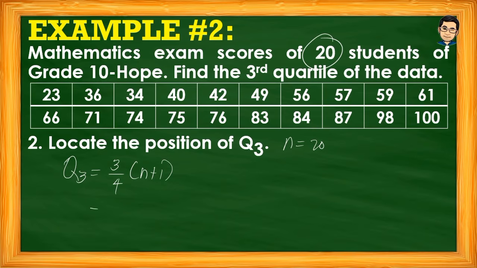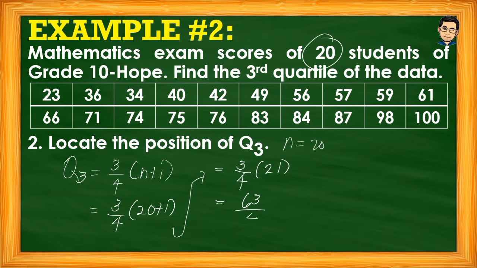Next, 3/4 times 20 plus 1. So, 3/4 times 20 plus 1, that is 21. So, 3 times 21, that is 63 over 4.